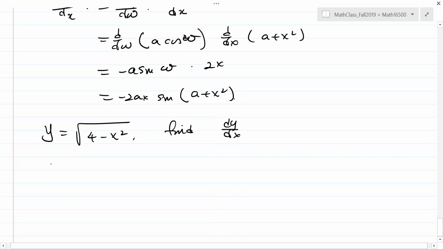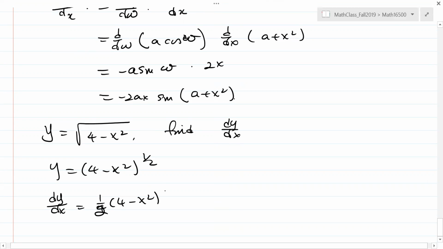Right, so you can solve the problem directly. It's a power function, right? So when you differentiate with respect to x, you differentiate the power function first. Then you have to differentiate the inside function.